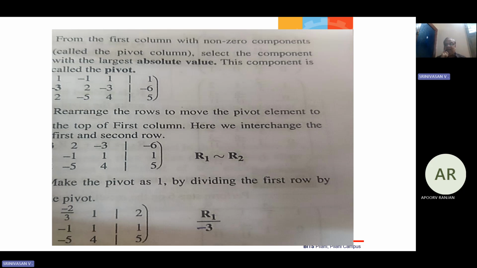That is the pivot element. So your -3 is now the pivot element.